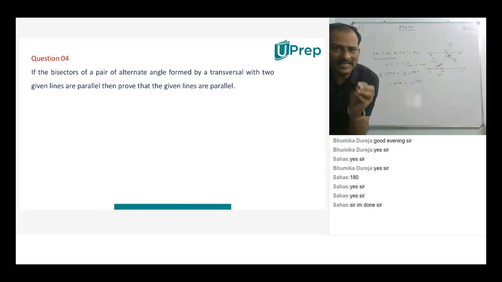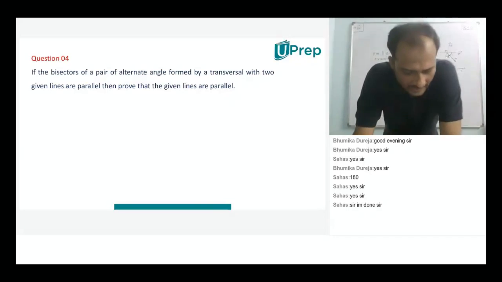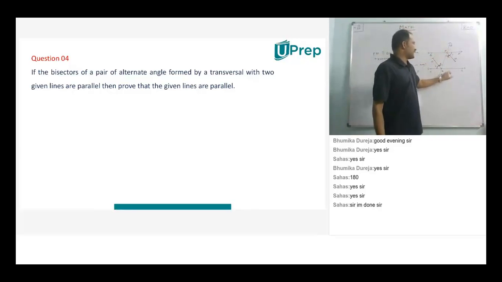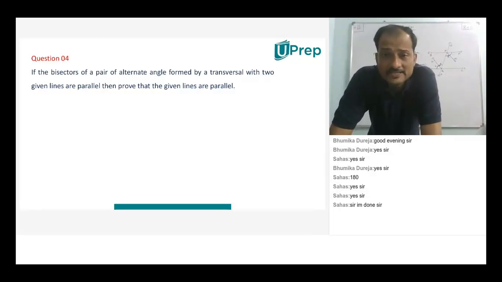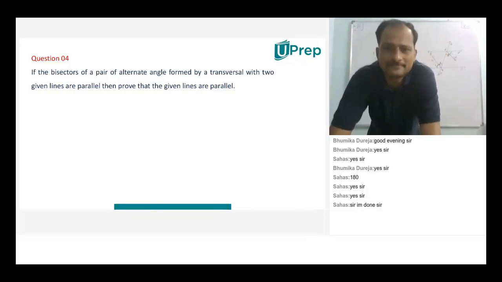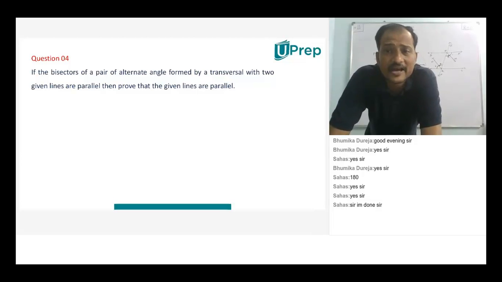Write down: these angles are alternate interior angles formed when AB and CD are intersected by the transversal EF, such that they are equal.